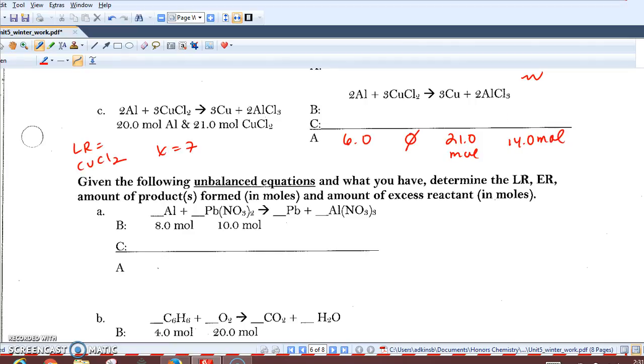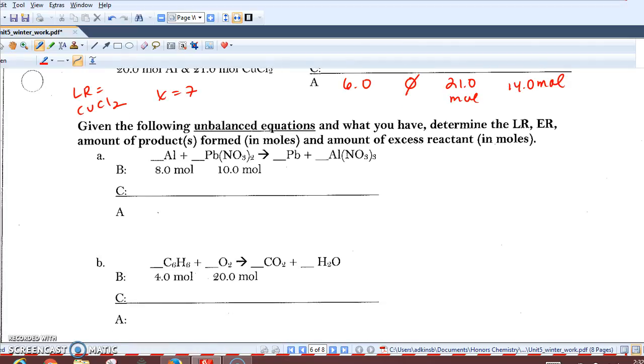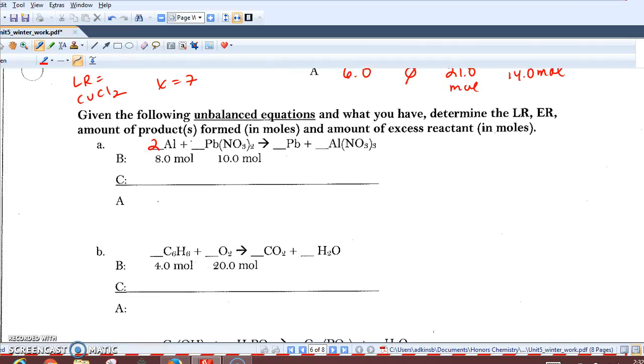All right, for A, that one balanced 2, 3, yields 3, 2. Your limiting reactant was the lead nitrate, and X was equal to 3.33. Sometimes decimals freak kids out, but that happens.